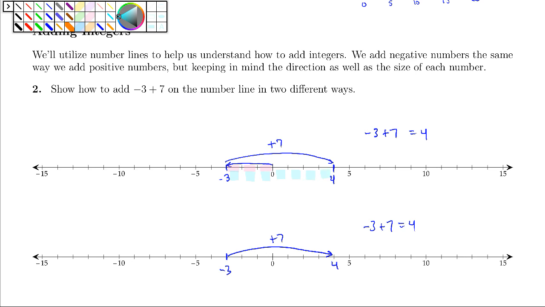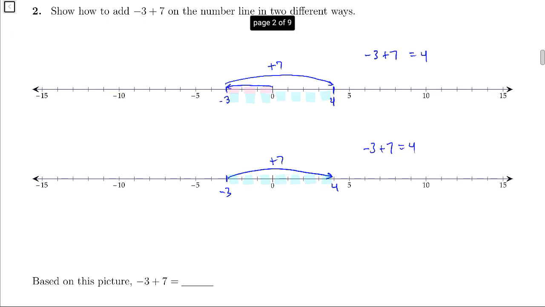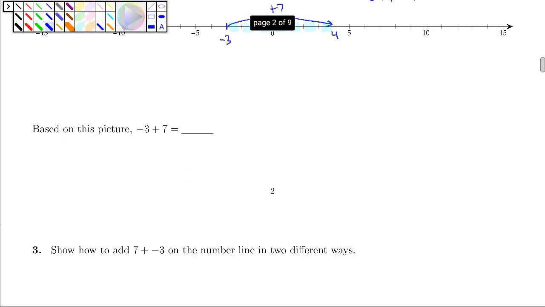Same thing here: starting at -3, I move 7 spaces to the right. We want to think about the number line as being very close to a ruler measuring distances between 2 points. So based on both pictures, -3 plus 7 equals 4.